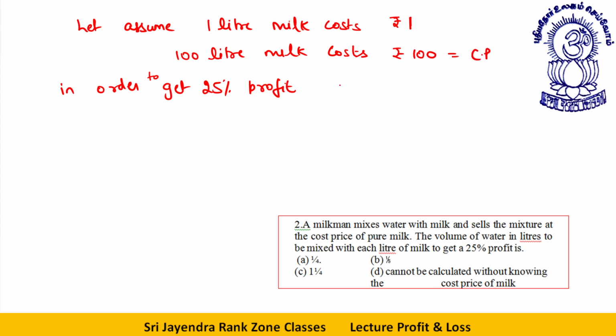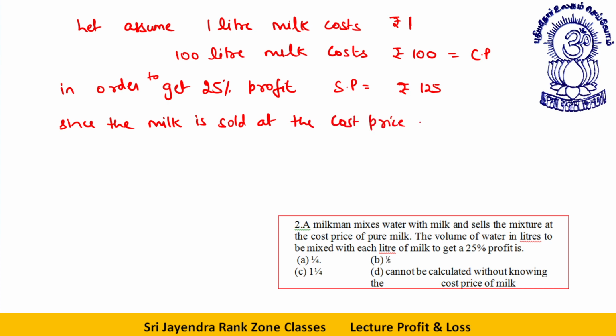In order to get 25% profit, SP will be rupees 125, since the milk is sold at rupees 125 only, at the cost price.